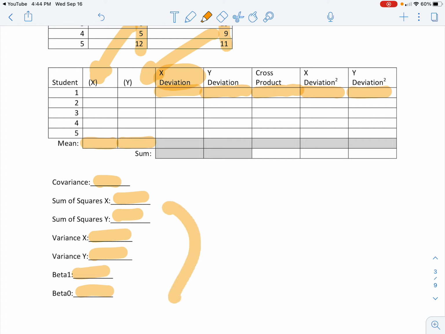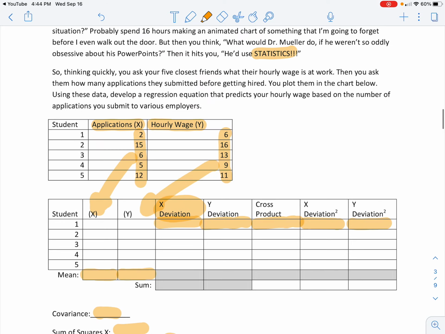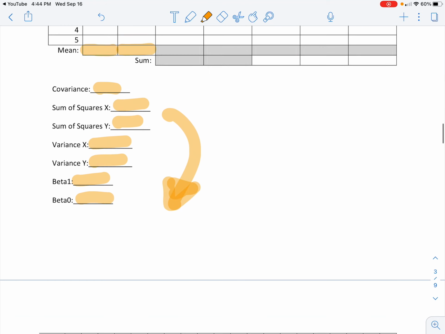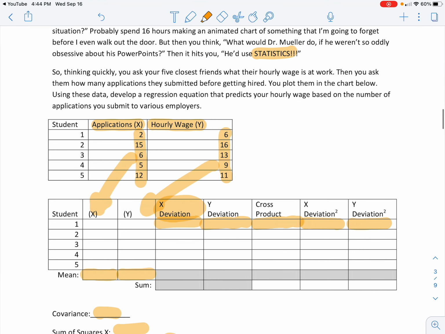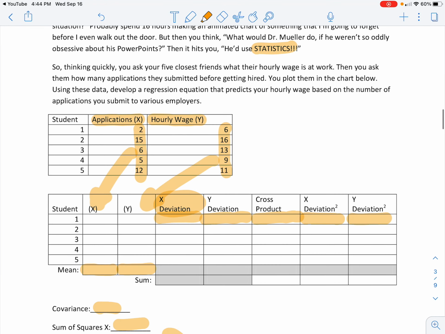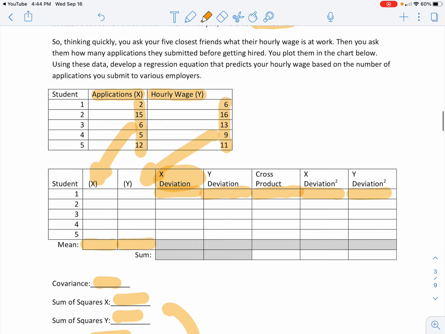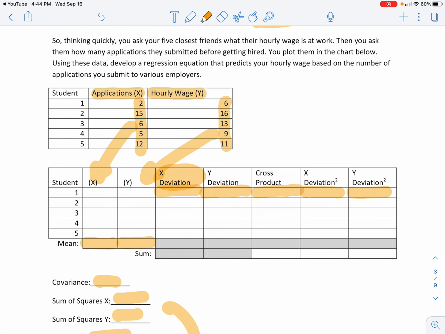Again, each one of these you can find on that page below in terms of instructions on how to calculate it. So you'll do that, and then what you want to be able to do is to at least write one sentence indicating how applications predicts hourly wage.